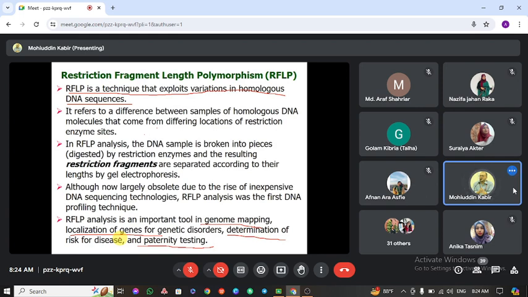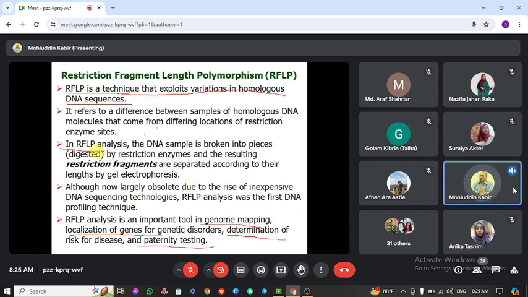And through that variation determination, we can predict the risks for diseases. And also, we can use that technique for DNA fingerprinting. Paternity test is a part of the DNA fingerprinting test.